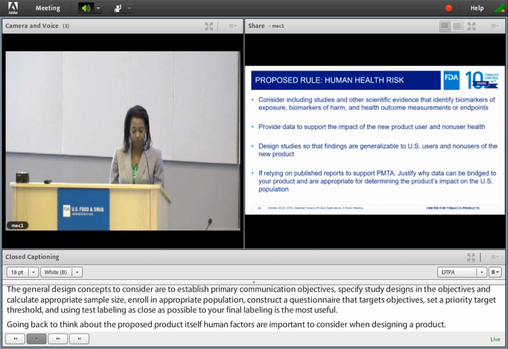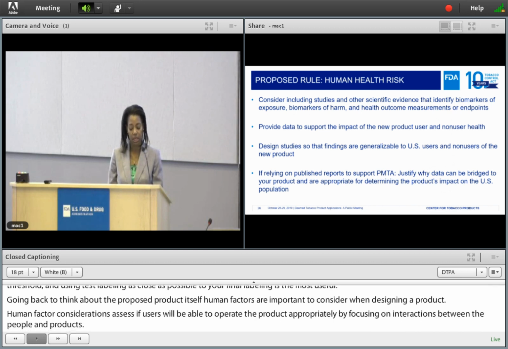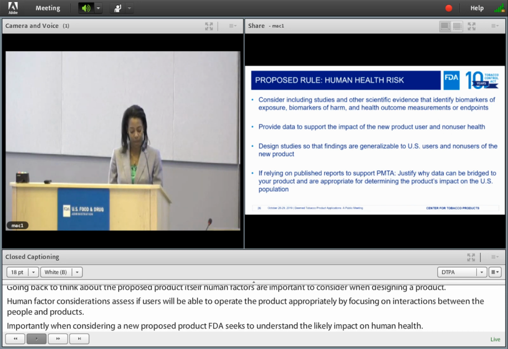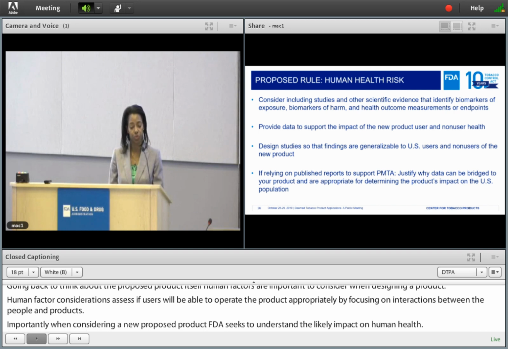Importantly, when considering a new proposed product, FDA seeks to understand the likely impact on human health. To evaluate the acute and chronic health effects associated with the proposed product or poly-tobacco product use, the proposed rule out for public comment states that the applicant includes studies, other scientific evidence, or both that identify biomarkers and health outcome measurements or endpoints.